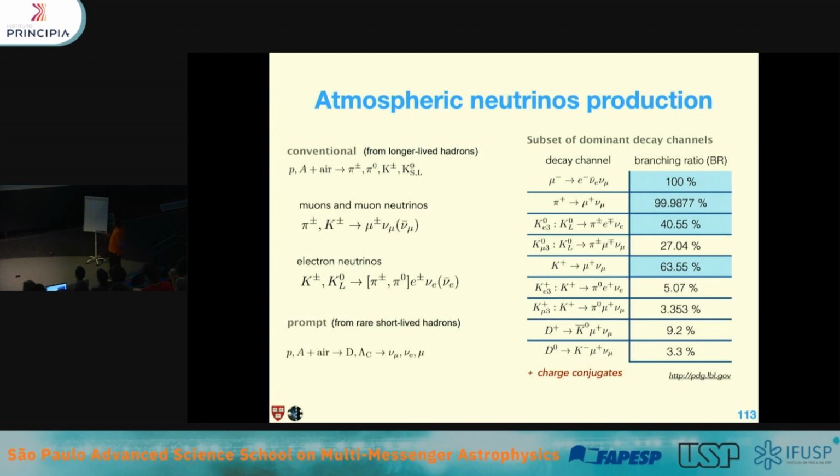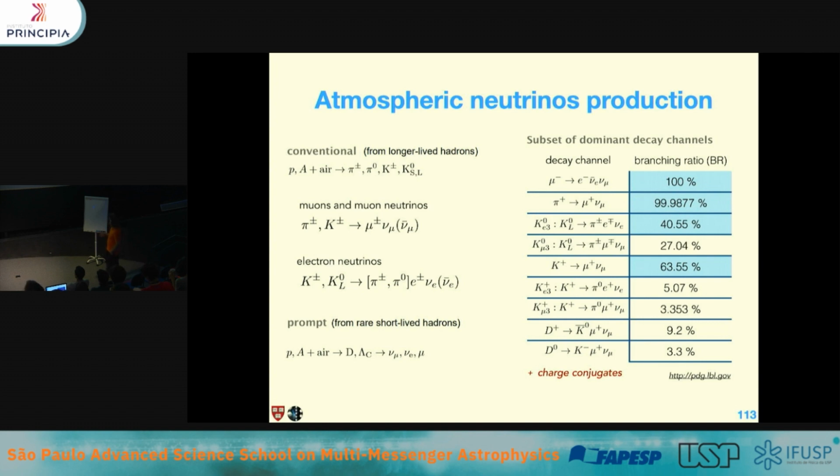Then there is also a second component that we call the prompt component, and we'll see why in a minute. We call it prompt because when these mesons are produced from proton or heavy nuclei air interactions, they produce heavy quarks that contain charm content, for example D or Lambda_c.